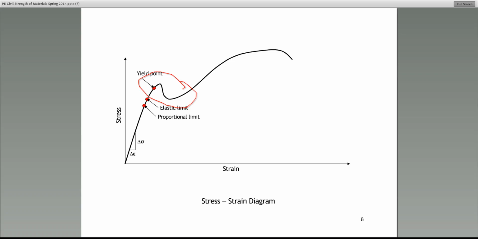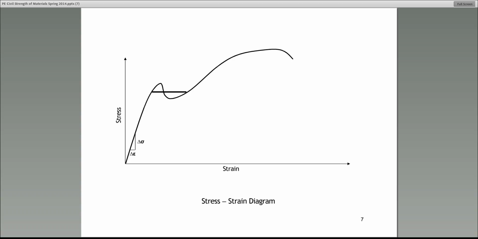However, from a practical point of view, those of you who are structural engineers or material engineers know it's very difficult to distinguish between the two points. There are a lot of cases where we take the same value as the elastic limit or the proportional limit. But I've got to tell you guys, the exam you're about to take is not a practical exam. It's highly theoretical. So you need to know that there is a difference between the two. I hope that answered your concern, Paul.